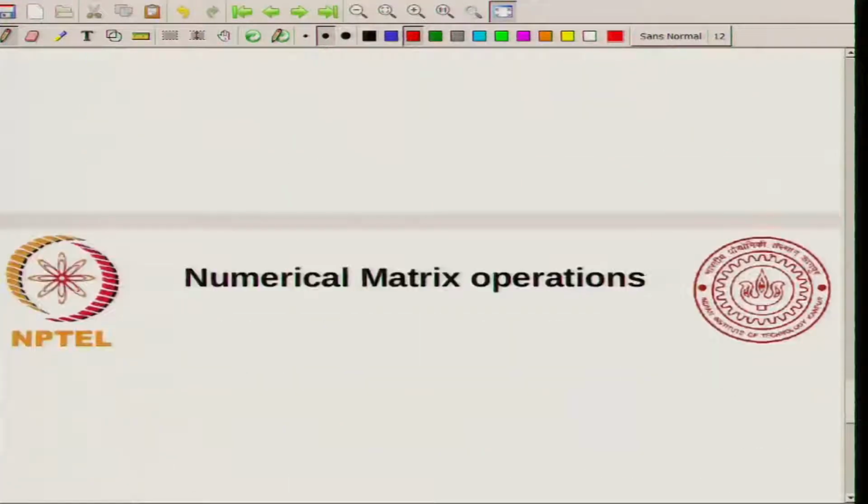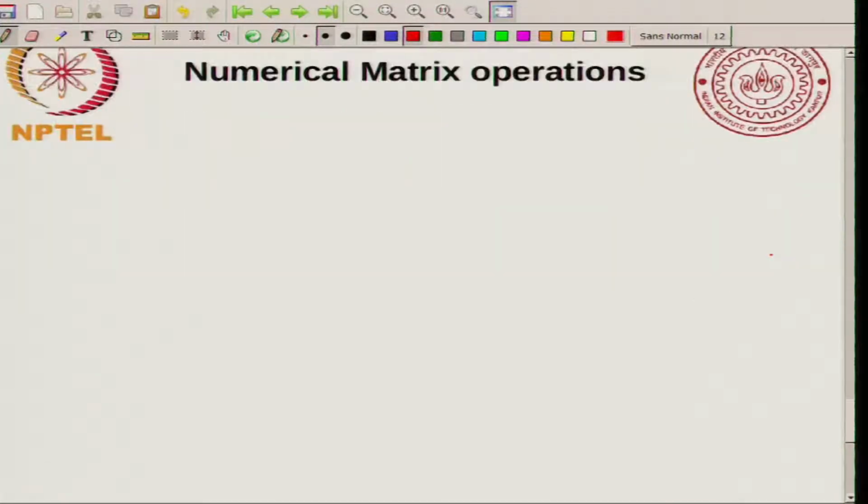I'll just mention again that many times matrix operations are done numerically. You often deal with matrices that are very large.